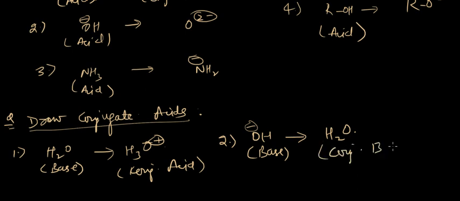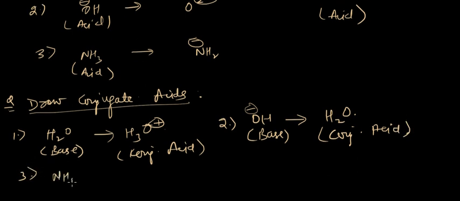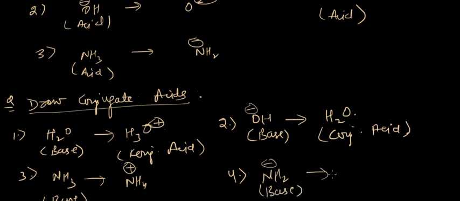Third example is NH3. For it to be conjugate acid, this has to be base, accept a proton, become NH4 plus. Fourth example is NH2 minus, it has to be base, accept proton, become NH3.